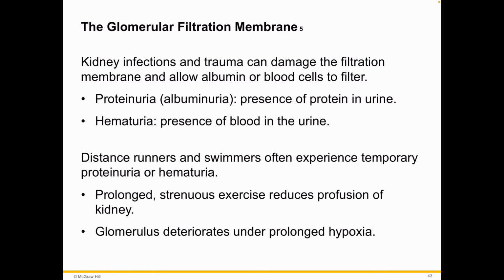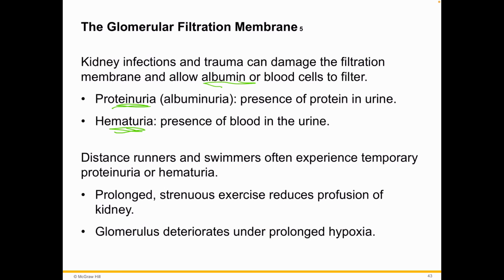And when that happens, sometimes it can allow larger proteins, such as albumin, or even blood cells to start entering the filtrate, right? And so that's going to start appearing in the urine. And so what we end up doing is we can measure that issue by looking at things like if there's protein in the urine, or if there's blood in the urine as well.